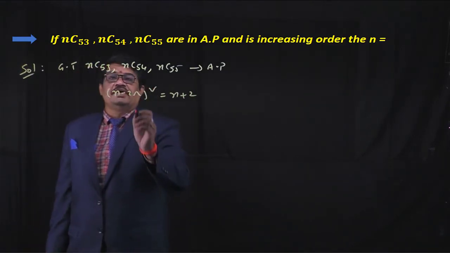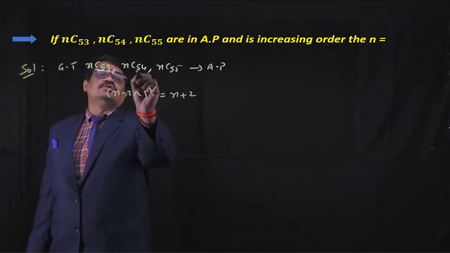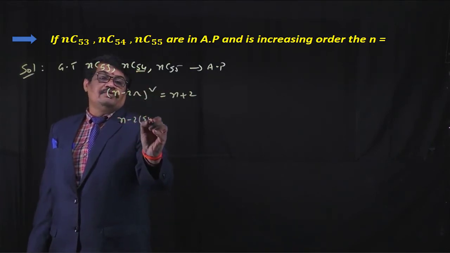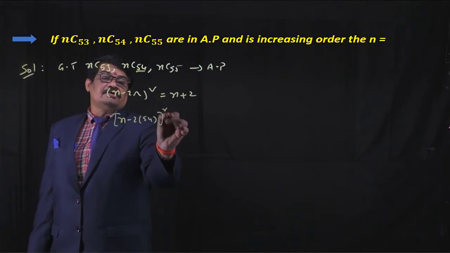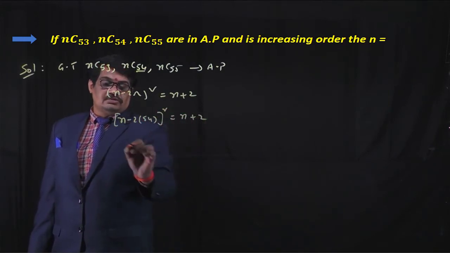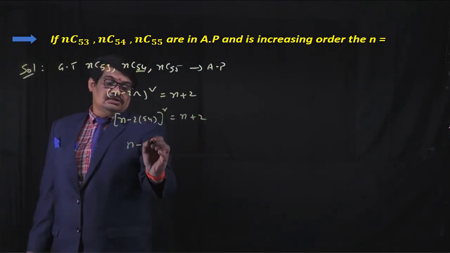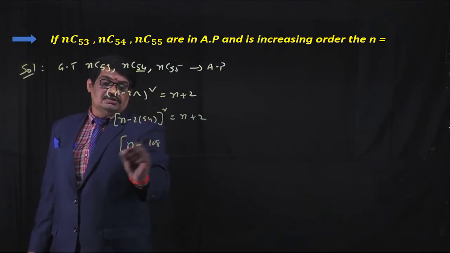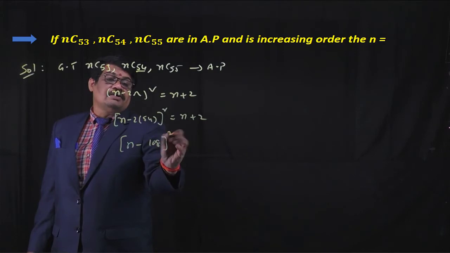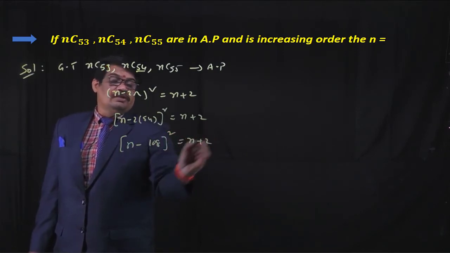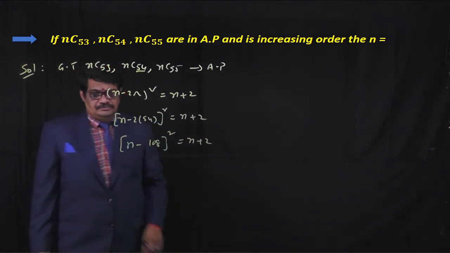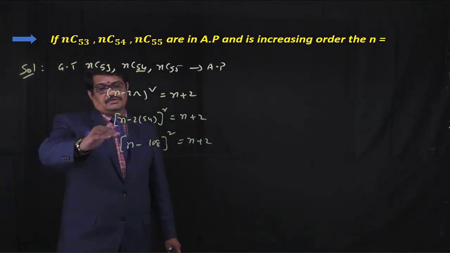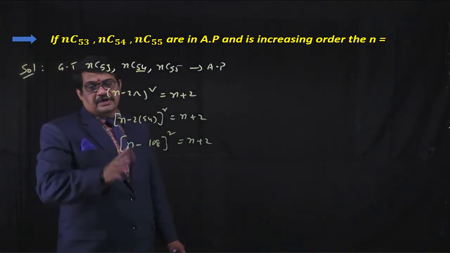So here r is 54. (n − 2 × 54)² = n + 2, that is 108. So (n − 108)² = n + 2. So this is the quadratic equation in n.